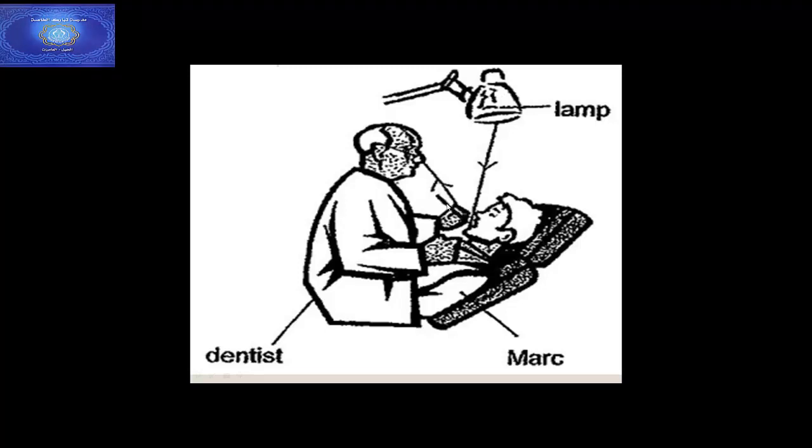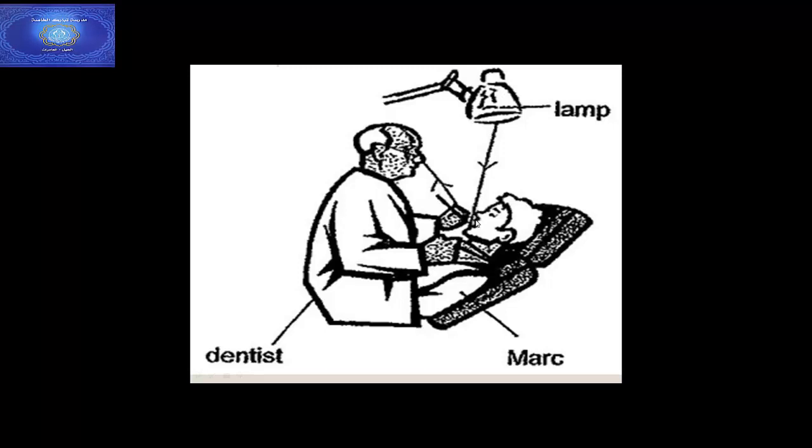Now the dentist uses the mirror to see the teeth. How? What happened? How can he see the back of the teeth? The light travels from the lamp to the back of the teeth.